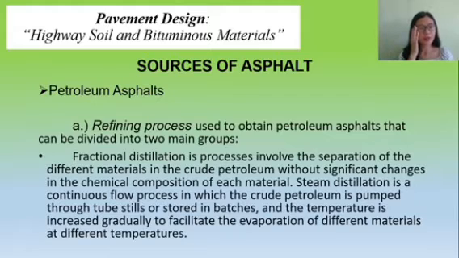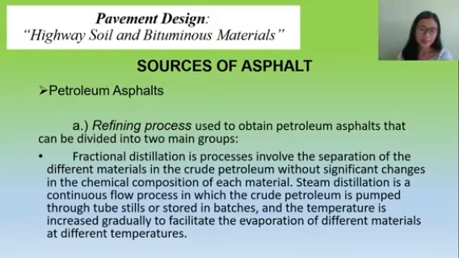The first one is the fractional distillation. Fractional distillation is a process involving the separation of the different materials in the crude petroleum without significant change in the chemical composition of each material. It removes different volatile materials in the crude oil at successively higher temperatures until the petroleum asphalt is obtained as a residue.